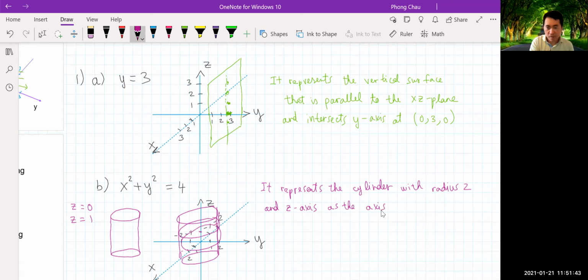We call that axis the axis of symmetry. This is symmetry, right? Just like the center of the cylinder.